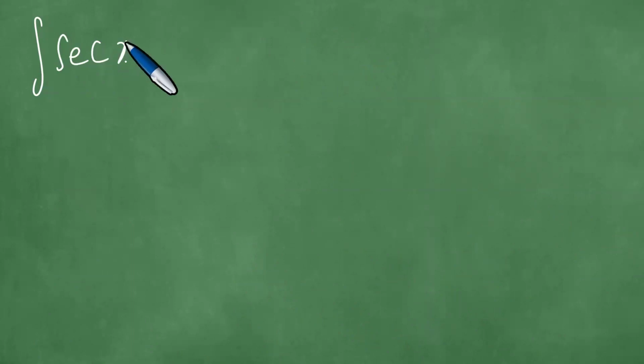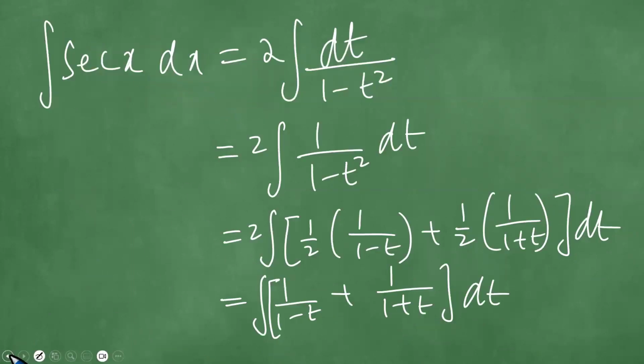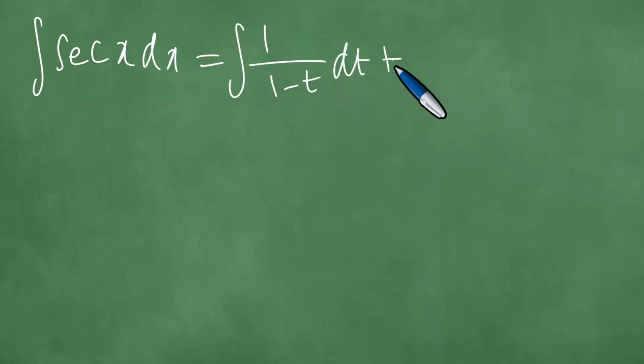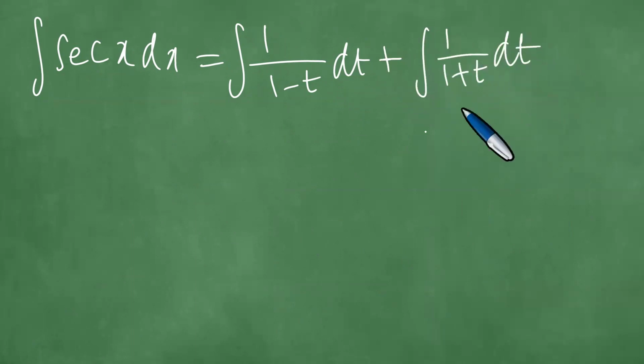Right, so we are obtaining the integral of the secant of x dx, which is exactly this here: the integral of 1 over 1 minus t dt plus 1 over 1 plus t dt.